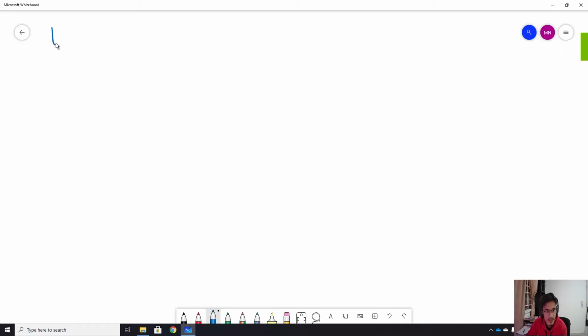Okay, so now let's look at another section, which is infinite limits. Let's say we have a function f(x) equal to 1 over x squared. Graphically, the shape of the graph for this function is like this.